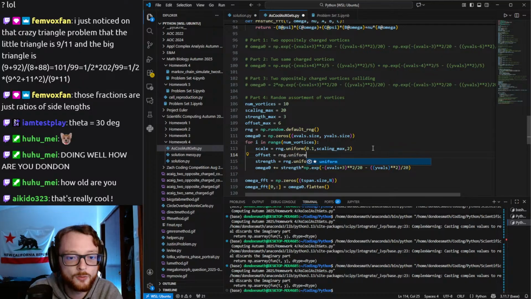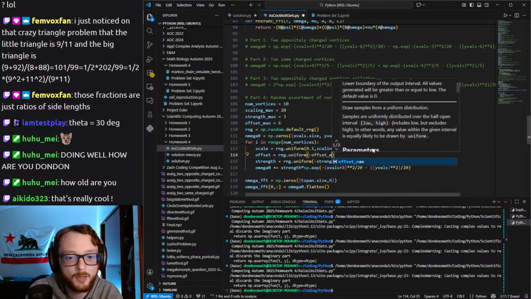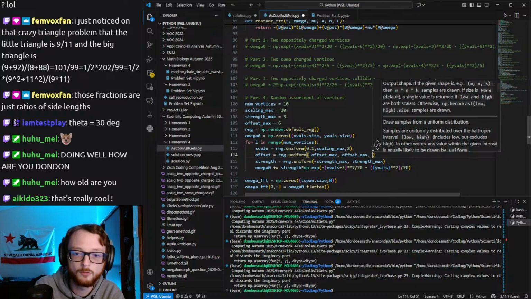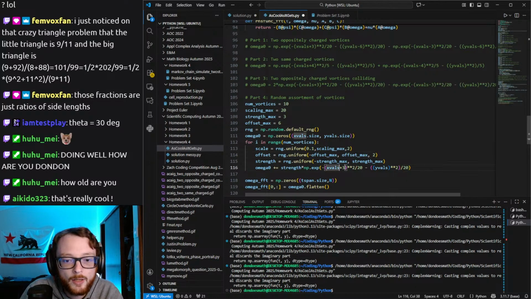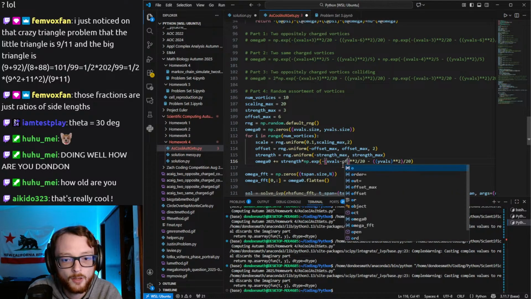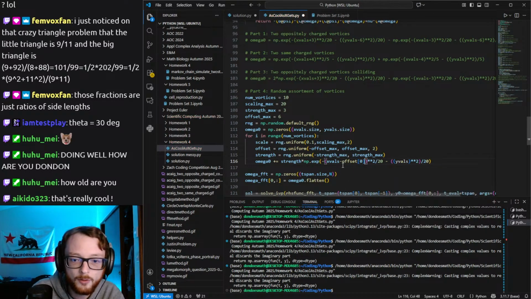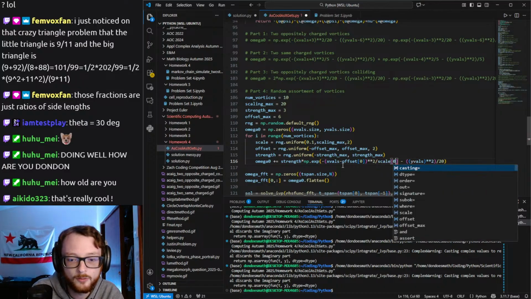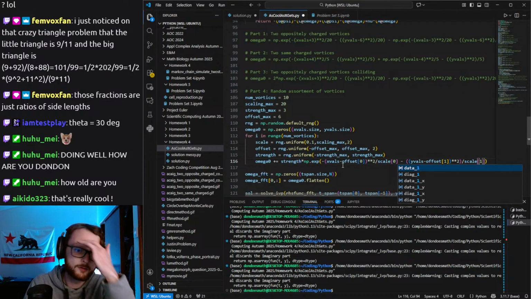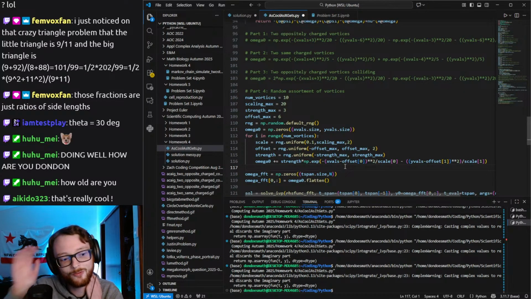G dot uniform minus offset max to plus offset max, and we want 2. Okay. Minus offset 0 divided by scale 0, y vowels minus offset 1 over scale 1. All right, this is gonna be wild.